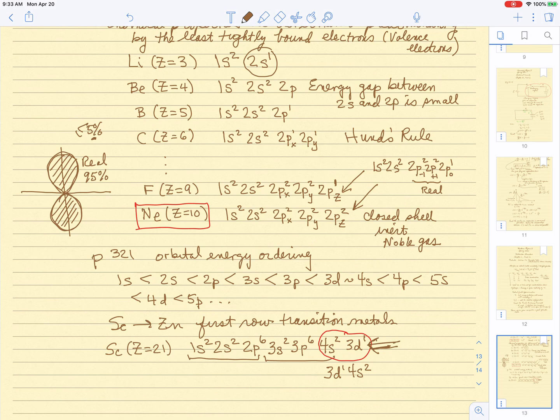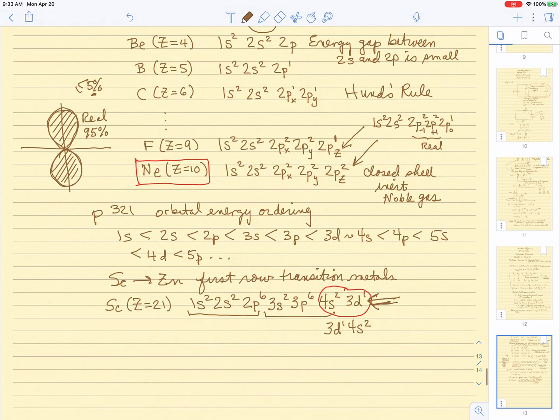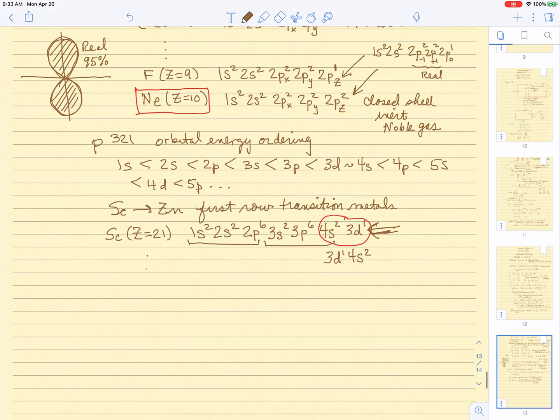Beautiful. Then we can continue along, and I want to look at chromium, which is Z equals 24. Let's just look at the outer shell electrons here.